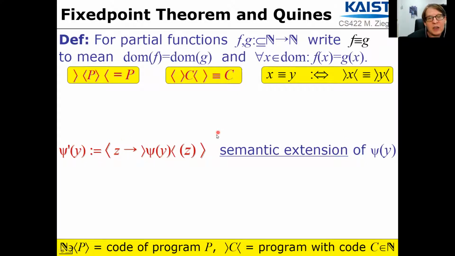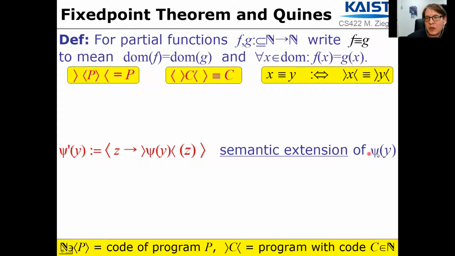And the final outer angle brackets mean consider the code of this program. Okay. And what I'd like to point out is that this new natural number has the same semantics. It's equivalent to the natural number returned by this program. So that's why it's called a semantic extension.